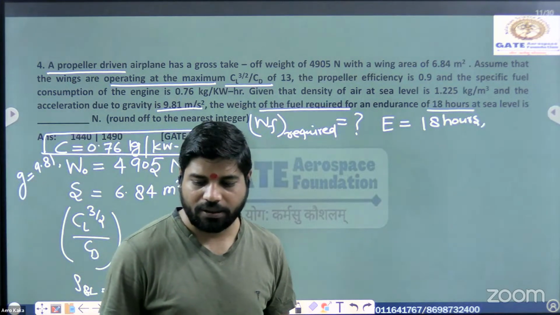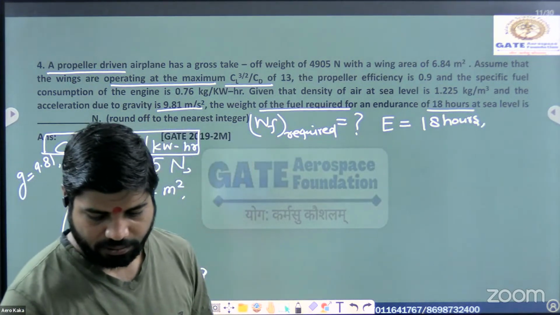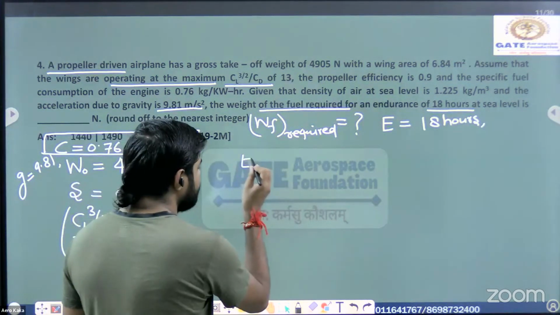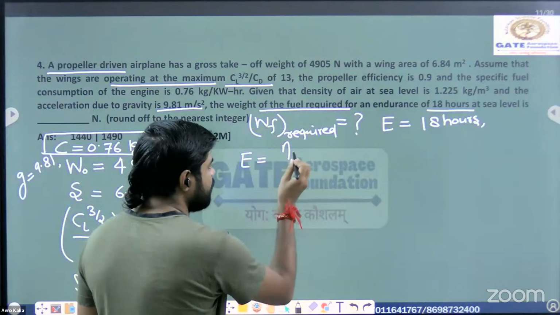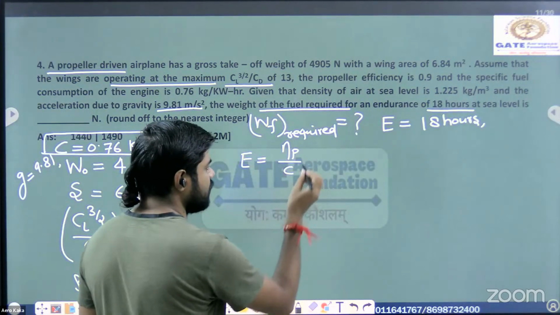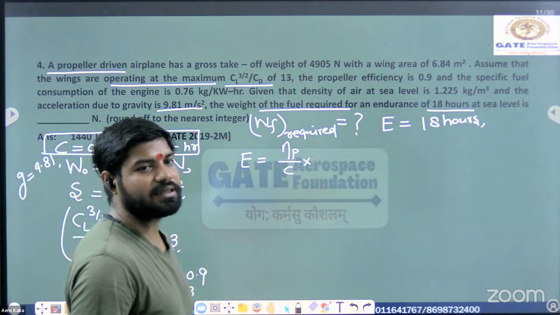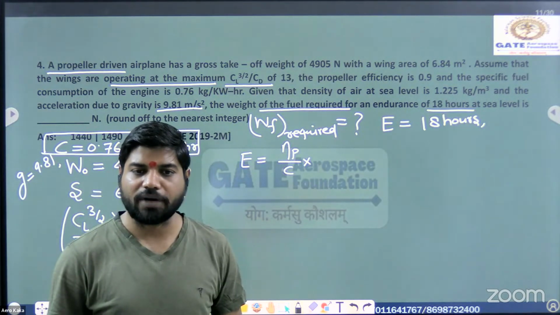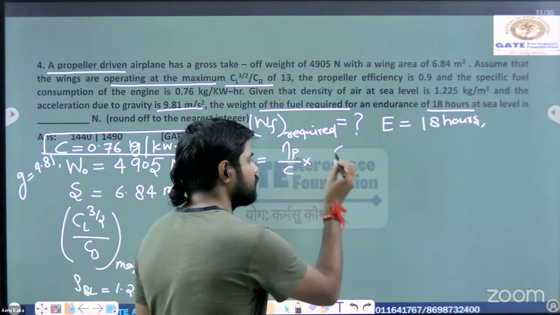Okay. So what is the endurance formula for your piston prop aircraft? The endurance formula is E equal to eta P upon C, into CL raised to power 3/2 upon CD, right?